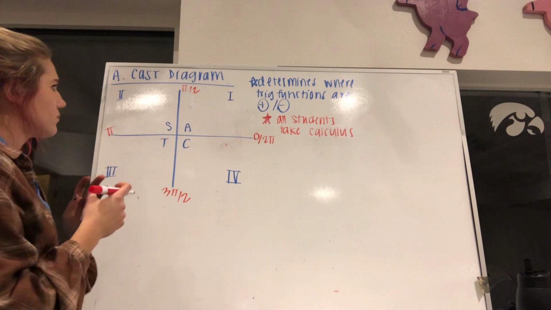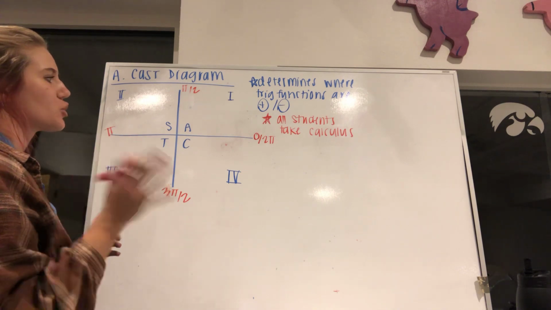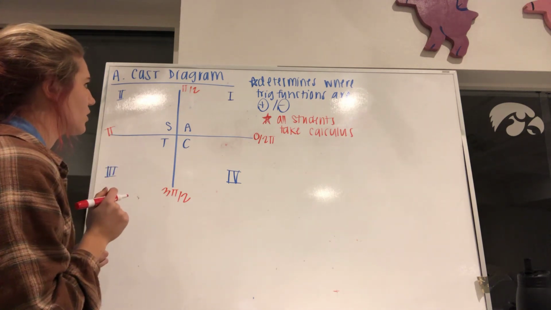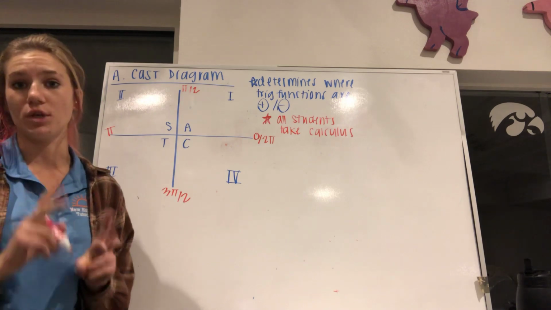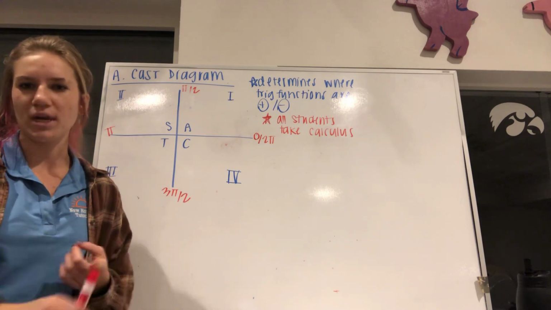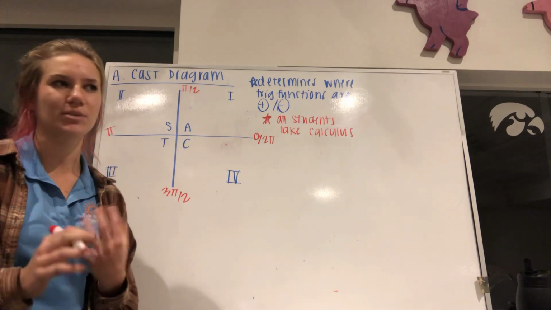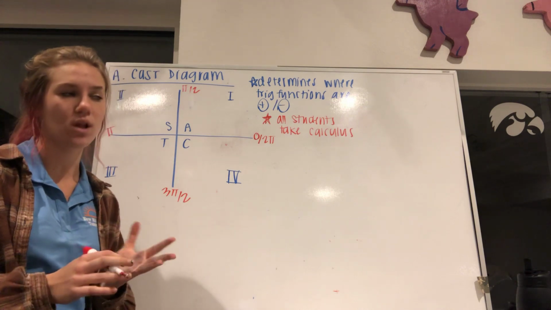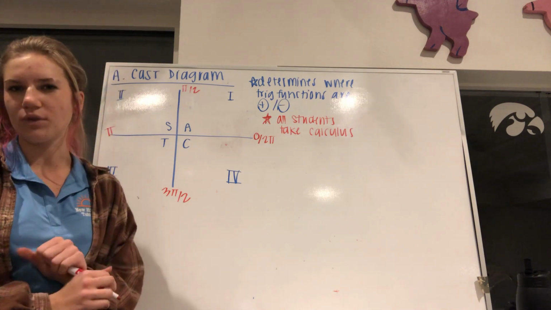One other thing that I do want to mention that's super important is the way that this relates back to what's called the unit circle. If you're in either pre-calc or calc right now, I know I specifically went over it in pre-calc at my school, you probably have heard of the unit circle by now.